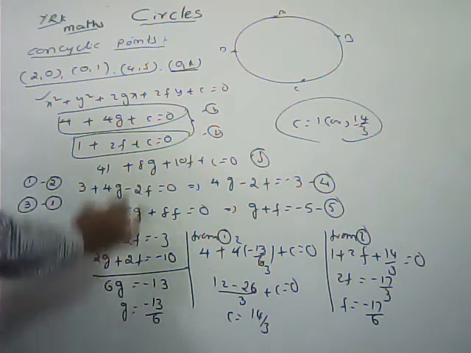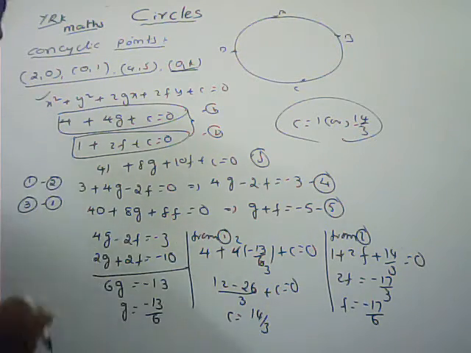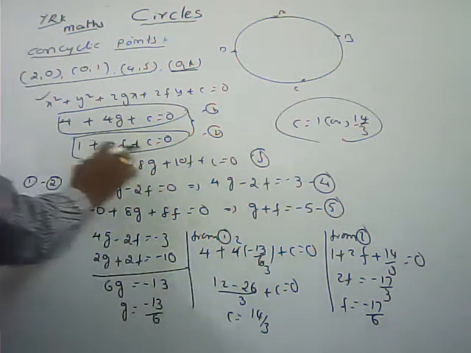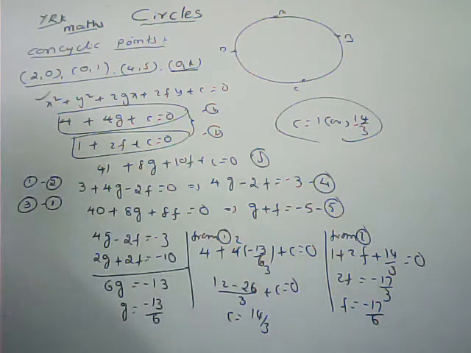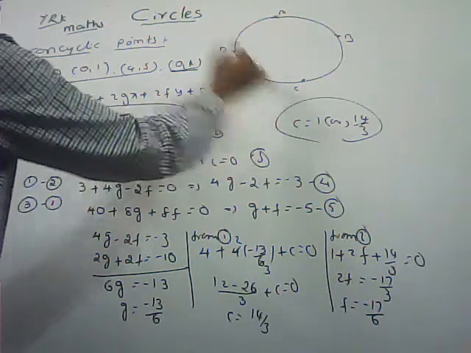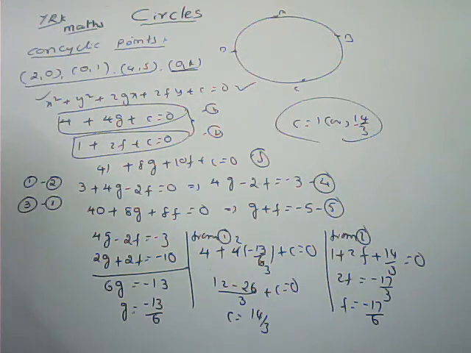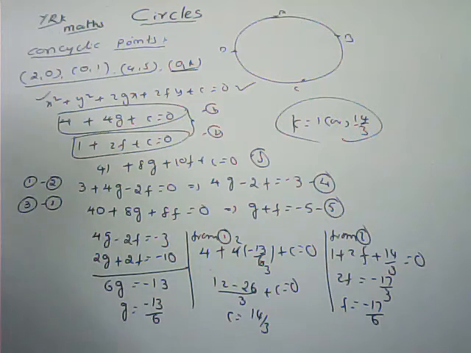Here if I substitute this one in the equation 1, we can get c value 14 by 3. And if I substitute the c value in the second relation, we can get f value, that is minus 17 by 6. All the 3 values you can substitute here, we can get the equation of the circle. After that, we can substitute 0 comma k, we can get a k value. That k value is either 1 or 14 by 3.